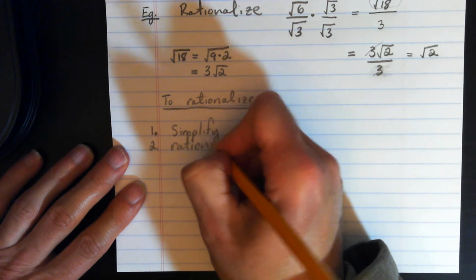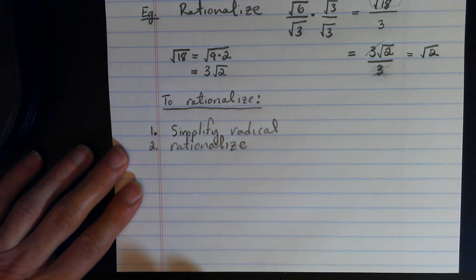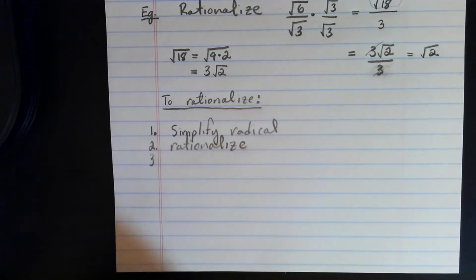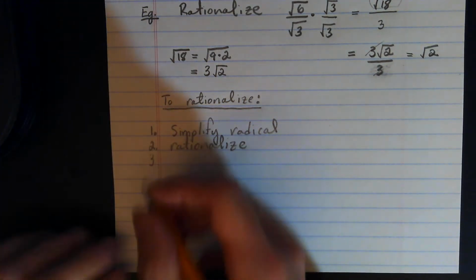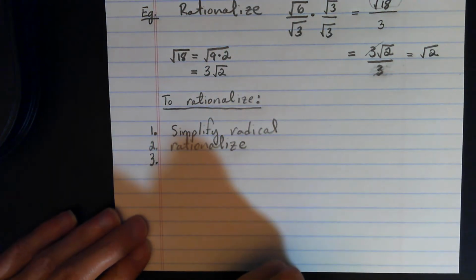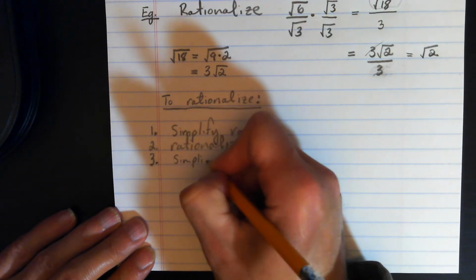And we're going to rationalize. And then 3, we're just going to simplify each radical again, if necessary.